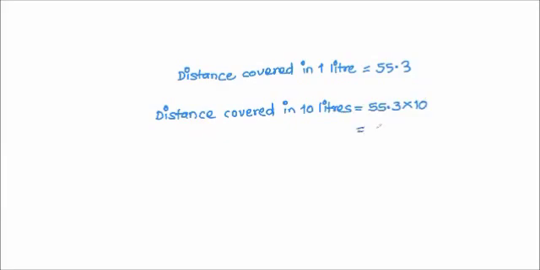We write the non-power of 10 numbers as it is, and then we take the reference decimal point. We count the number of zeros in the multiplier. It is 1, so we move 1 place. So we come here. So our decimal point is going to be at the end, 553.0. So our answer is 553 kilometers.